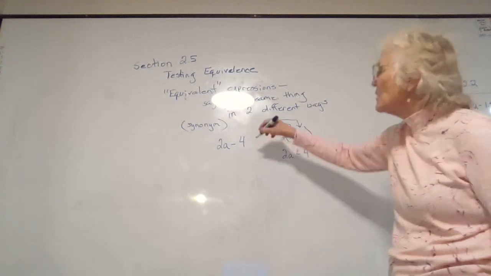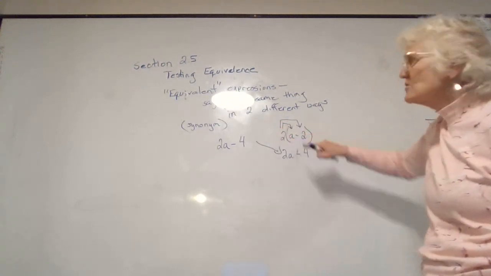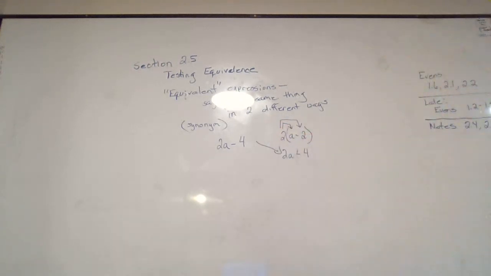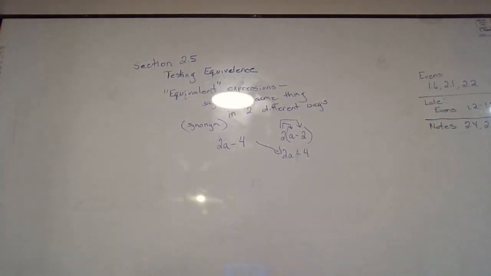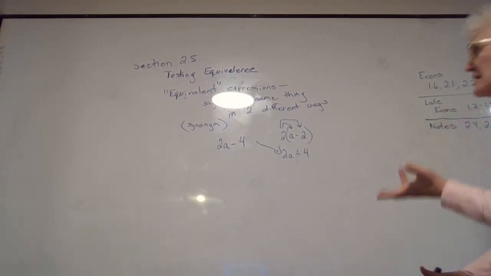Okay, so this is one way. If you can make it like distributive property, that's one way of testing equivalence. But the easier, more basic way is to check numbers in there.